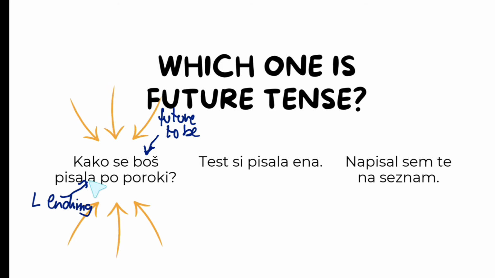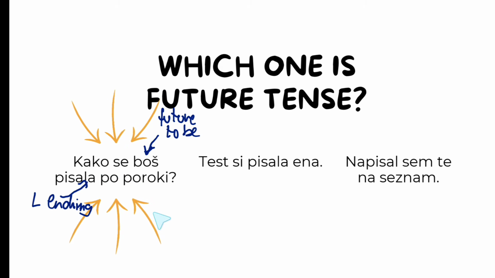And that's how we know it's future tense. And this means kako se boš, how will you, pisala, write, po poroki, after wedding. Now this sounds kind of weird, but basically it means what will be your last name after wedding.